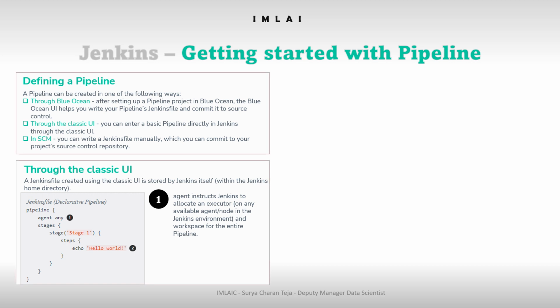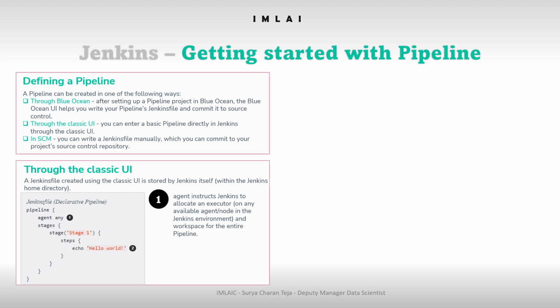We will consider this. In this, you see the pipeline is opened first, and inside that you see agent any. Here the agent instructs Jenkins to allocate an executor on any available agent or node in the Jenkins environment and workspace for the entire pipeline. Of course, at this moment we have only one Jenkins server.